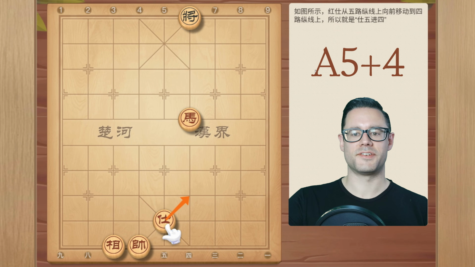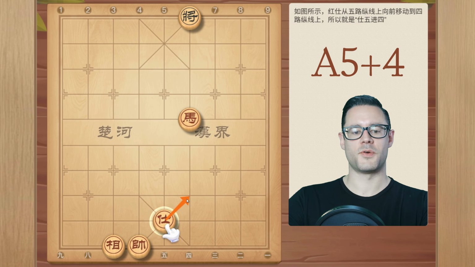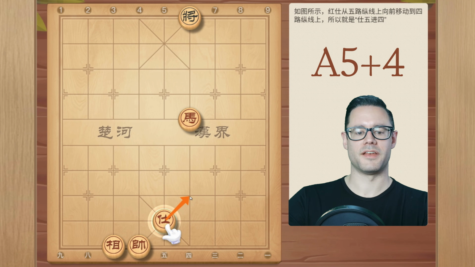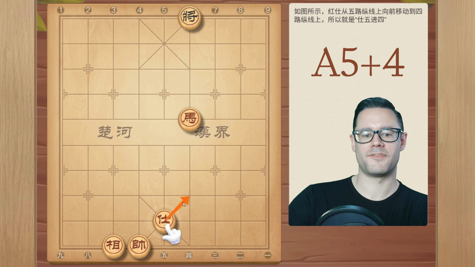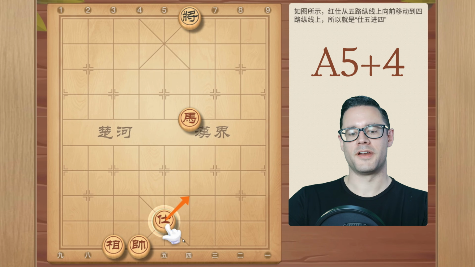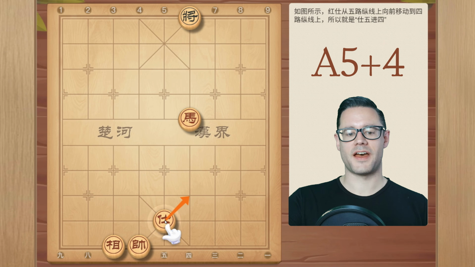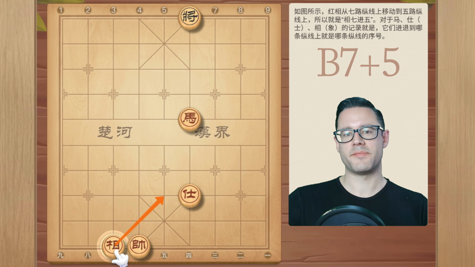We've got an advisor on file 5, and we're going to advance it forward to file 4. So A5 plus 4. And that's to differentiate from what if you moved your advisor backwards to file 4? You would write that as A5 minus 4.